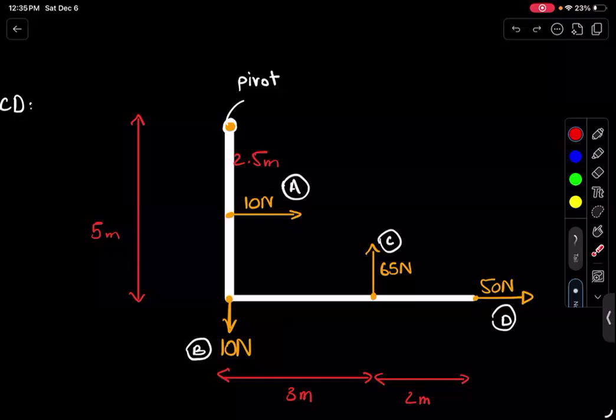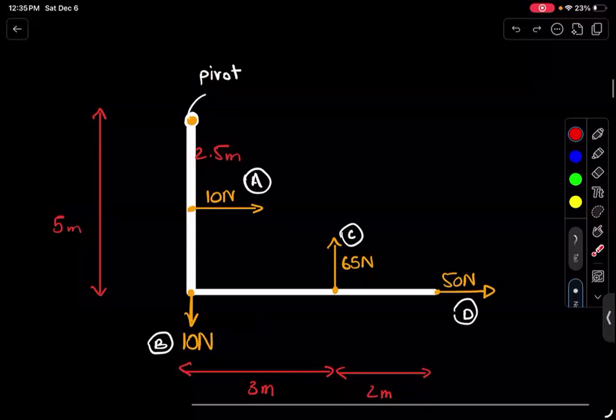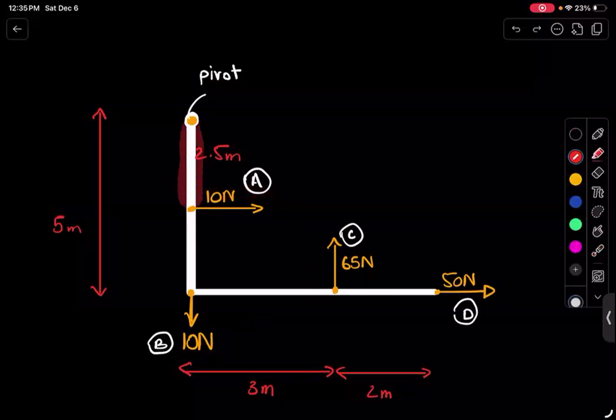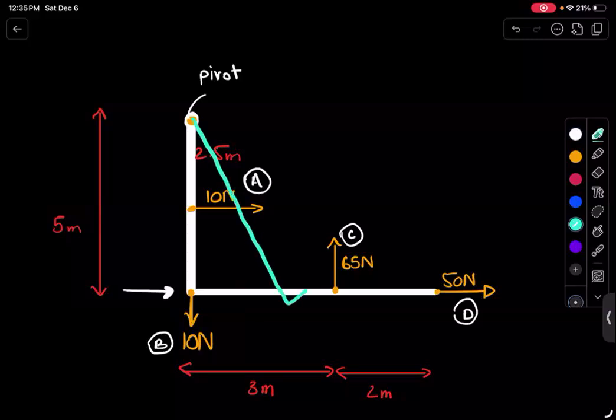Now, forget all of the forces, just think about this little bracket for now. This little bracket is hanging on the wall and it is only screwed about this point, which means if you apply a force in this direction, if you push the bracket in this direction, this entire bracket is going to turn like this.